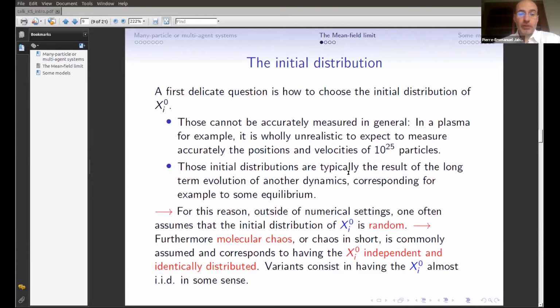A way to justify it, for example, is to say that those initial distributions, if you're looking at an experiment, are themselves the result of a long time evolution of some other dynamics. The dynamics is whatever was used to prepare the experiment. And if you assume ergodicity in that first dynamics, for example, then yes, the long time Gibbs equilibrium will look somewhat like something that is IID or close to being IID.